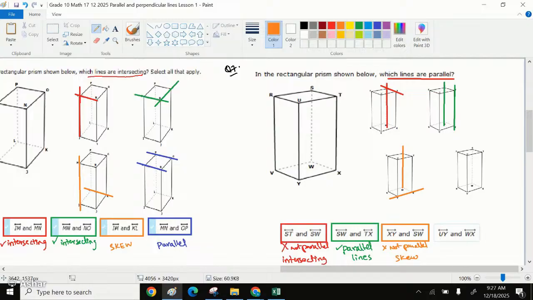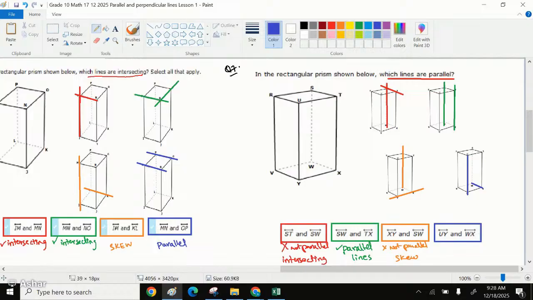Okay, now the last option is UY and WX. So where is UY? UY is this line, and WX is this line, right?